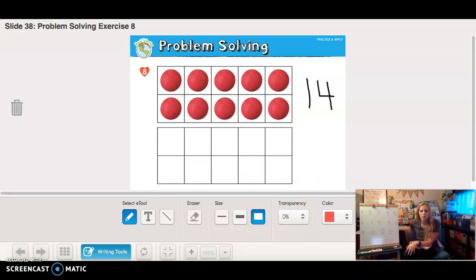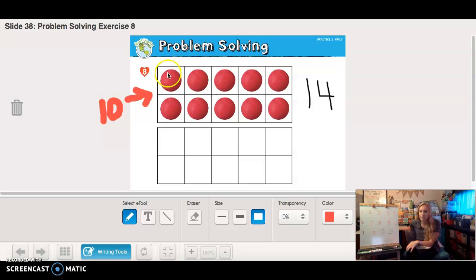Ready? Ooh, I noticed something. What do you notice? We've got a tens frame right here, and there's no empty spaces. So what does that have to mean? This right here is already 10. When we see a full tens frame, we know that there's 10 already.